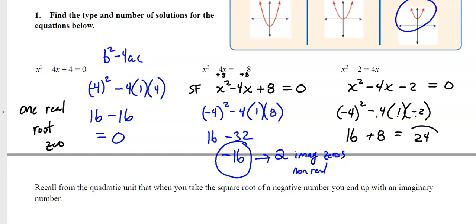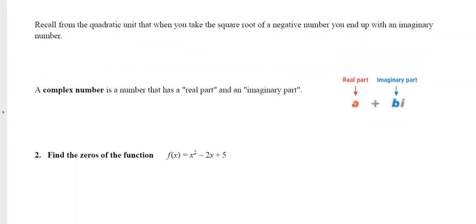So that comes out to be 24. So since it's positive, we know that this one is going to have two real solutions. It's going to come across and cut through the x-axis twice. So it's going to look something similar to that. At least we know that it crosses two different places. All right, so we're just using the discriminant to get a little bit of information ahead of time.